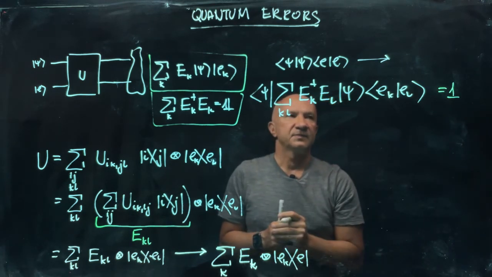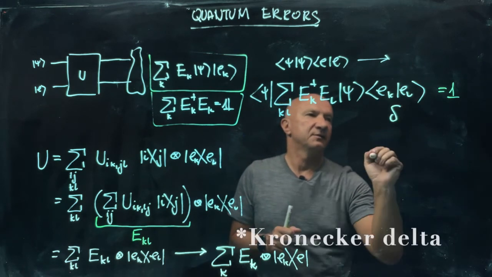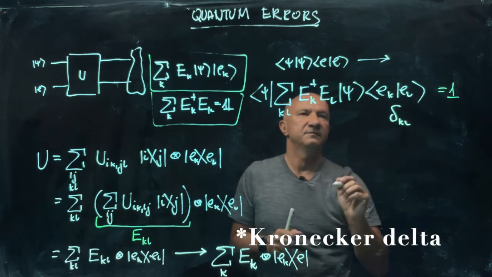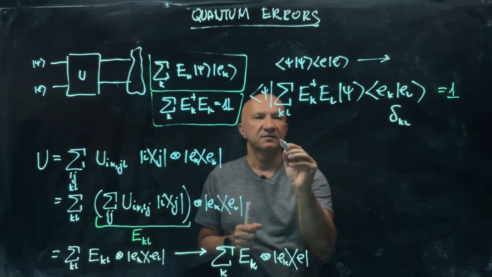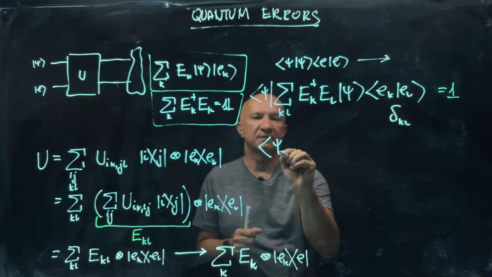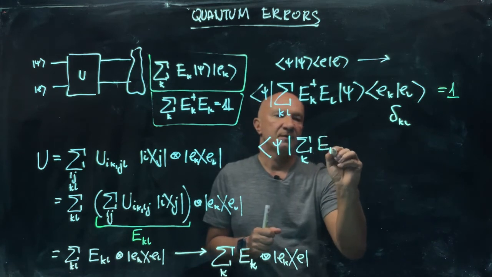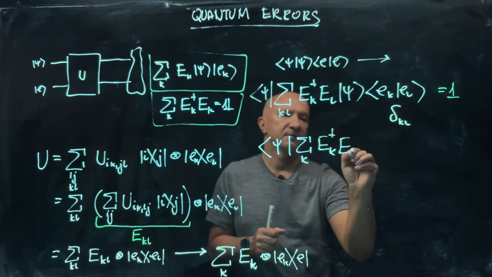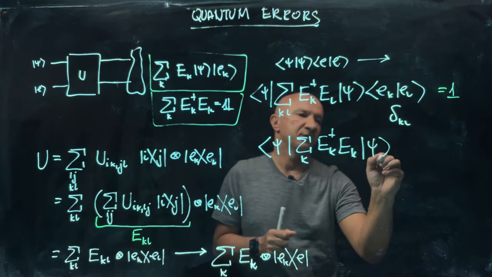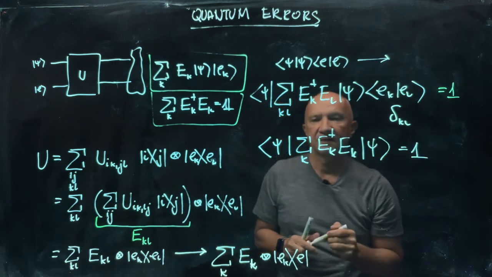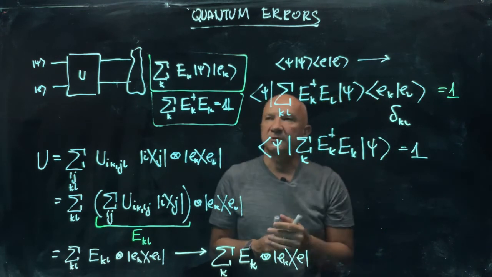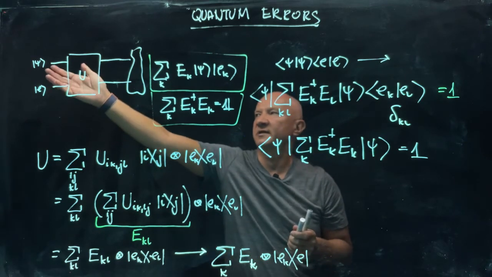And so as you can see, this is a Dirac delta, delta_kl, so that kills one index. So effectively we require then psi, sum over k of E_k dagger E_k, psi is equal to 1, and that is for all possible states psi. So we can vary those states.